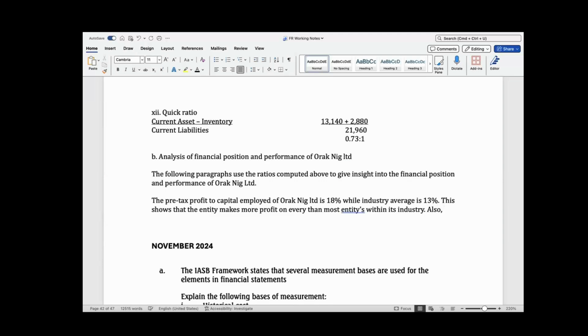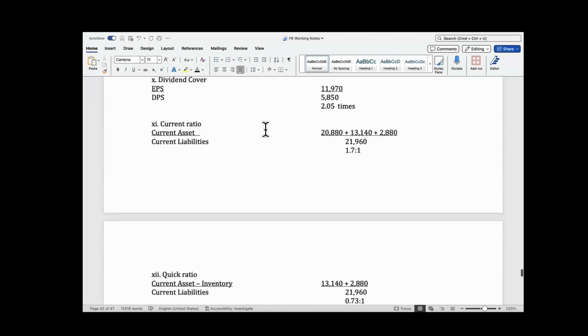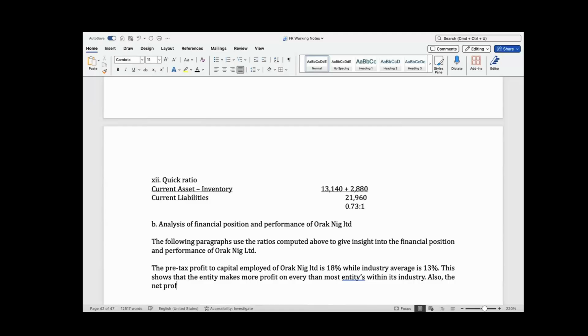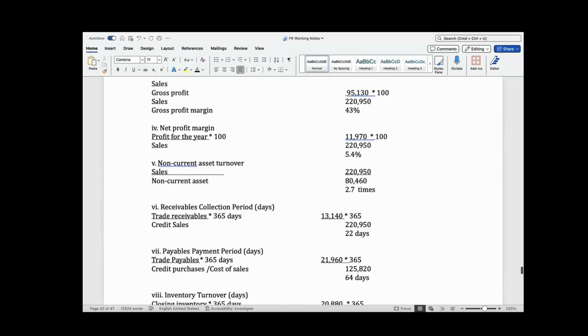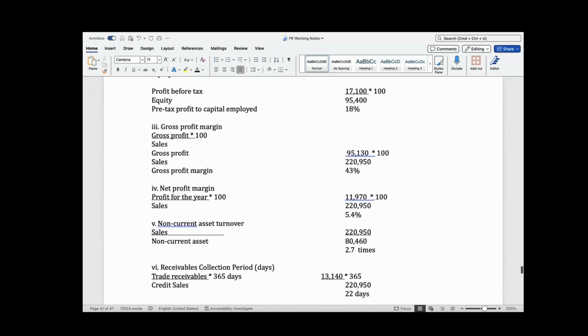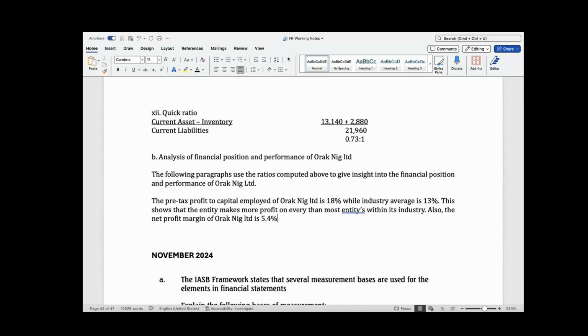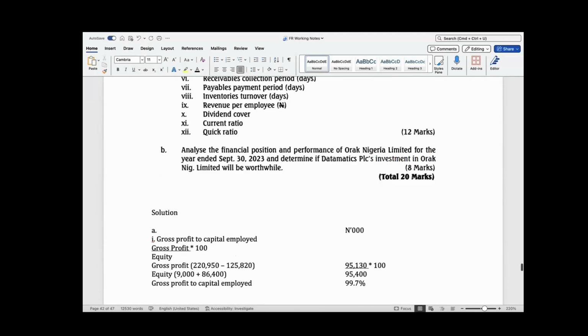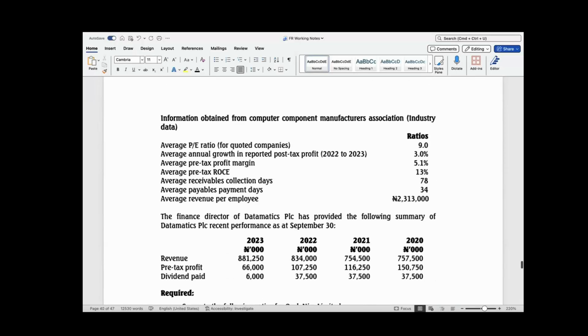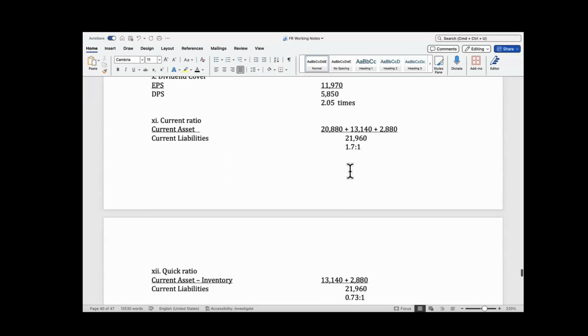Also, the net profit margin of Oracle Nigeria Limited is 5.4%, while the industry average pre-tax profit margin is 5.1%.